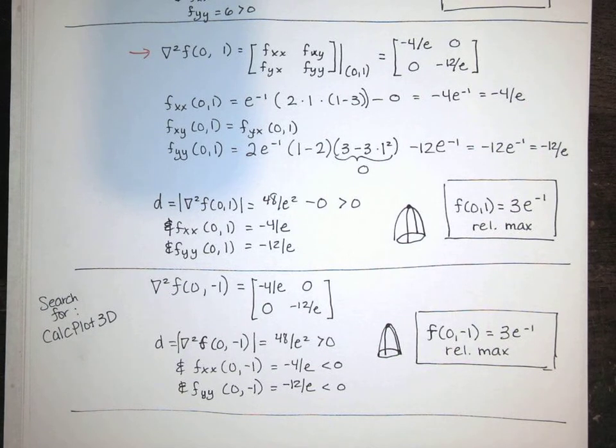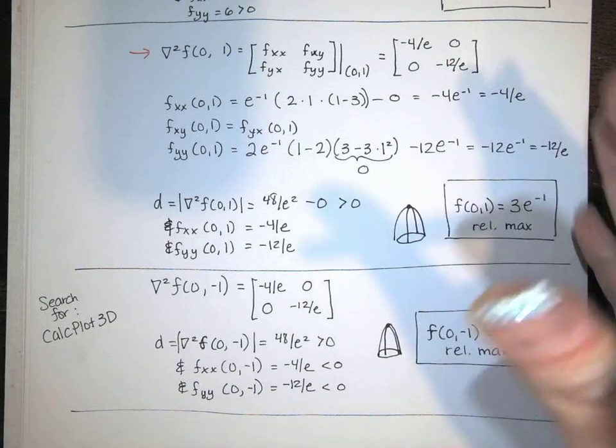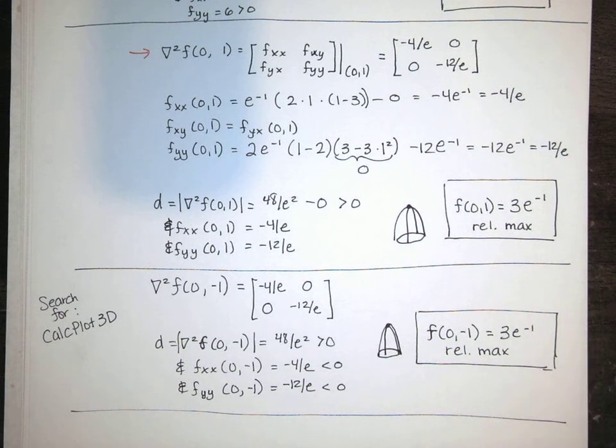I think his name is Paul Seeberger. Got an NSF grant to create that app. It's wonderful. You should go there and graph this function and check out what it looks like. I think it's really impressive, and then you can actually see the mins and the maxes and the saddle points. You'll see all of this stuff. It'll make it a little bit more concrete for you. Okay, so that's an aside.